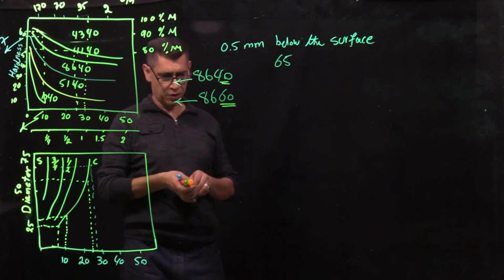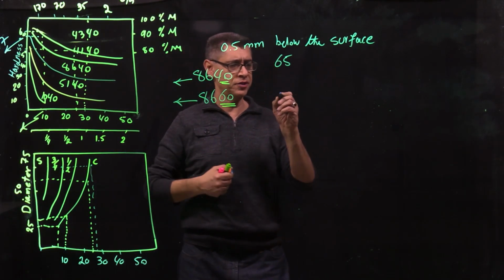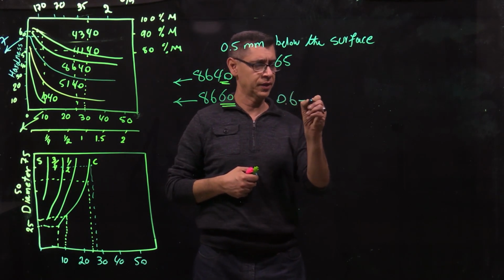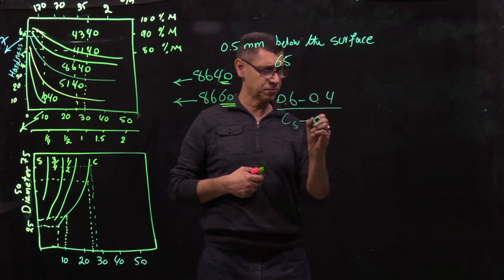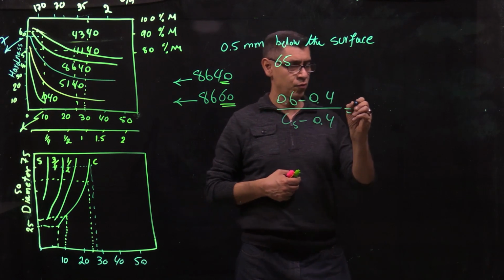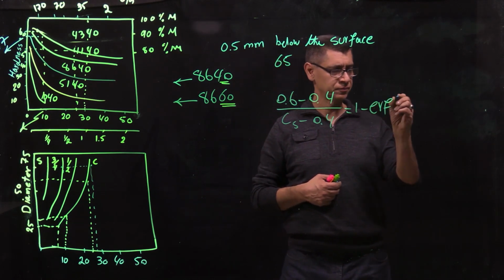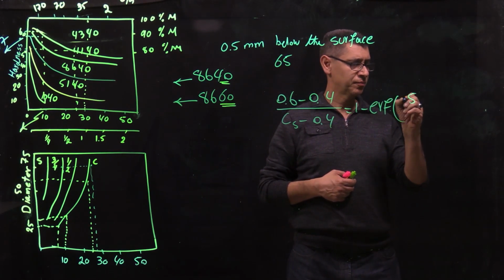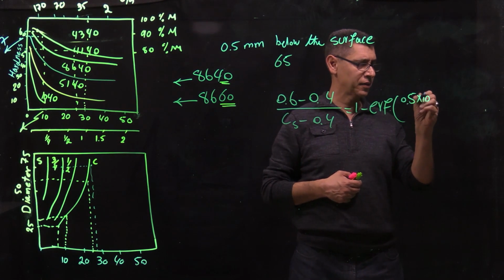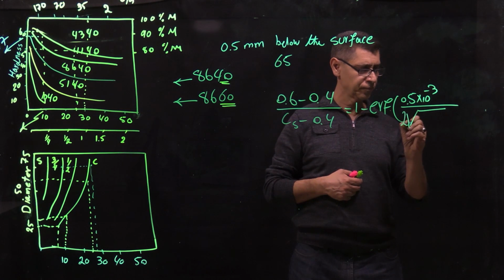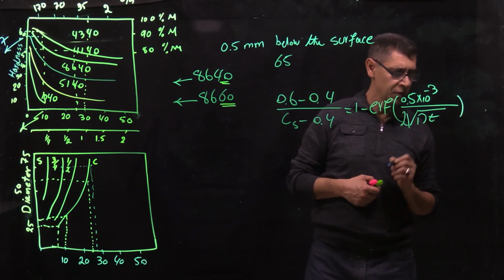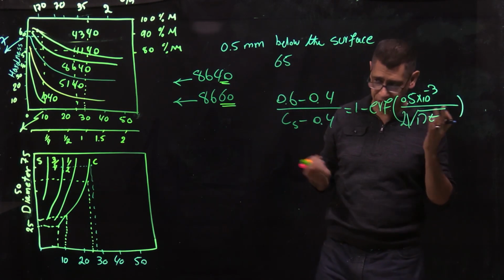If I write the equation, it's going to be 0.6 minus 0.4 divided by C sub s minus 0.4, equals 1 minus error function of 0.5, 10 to the minus 3, over 2 root Dt. So hopefully the t is given.